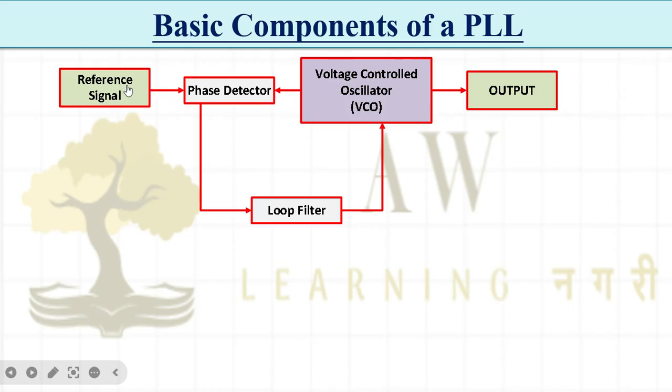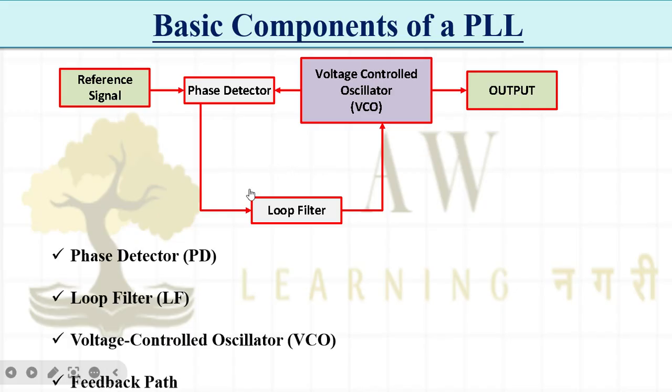I give the reference signal here, and another signal with some frequency and voltage comes from the voltage control oscillator. Both come as inputs to the phase detector. The phase detector detects the phase difference between the two and passes it to the low pass filter, and again it goes into the voltage control oscillator, which gives my required output.